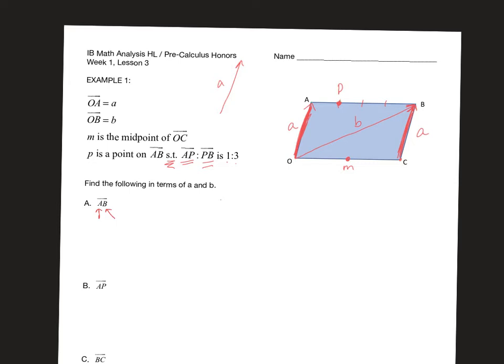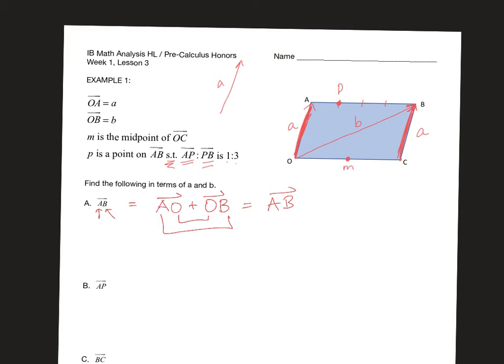So let me show you how this first one works. If I add AO to OB, I end up with vector AB. And the reason that I know that this is allowed is this head and this tail are the same. That makes that vector addition allowed. And my answer will then be these outside 2 letters, the original tail to the final head.